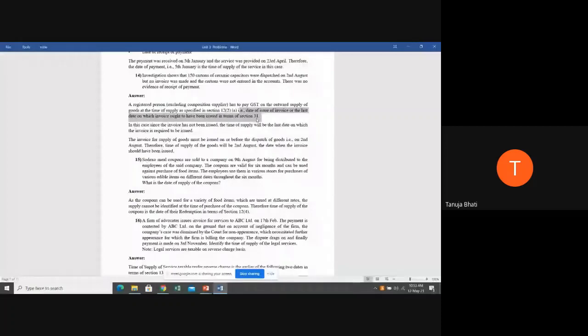So in this case, since the invoice has not been issued, the time of supply will be the last date on which the invoice is required to be issued. So the invoice for the supply of goods must be issued on or before the dispatch of goods, that is on 2nd August. Therefore, the time of supply of goods will be 2nd August, that is the date when the invoice should have been issued.